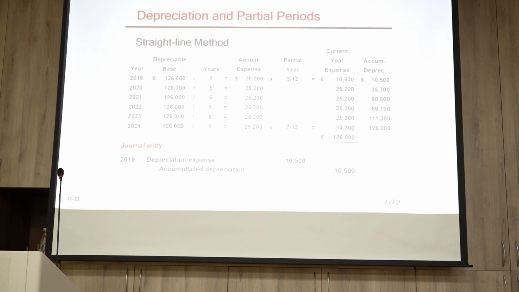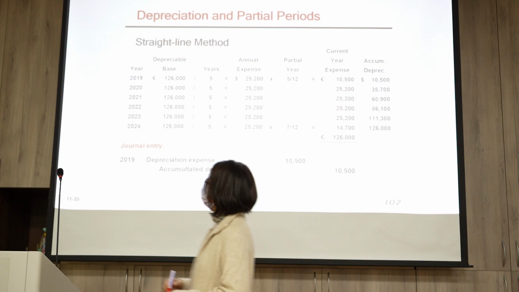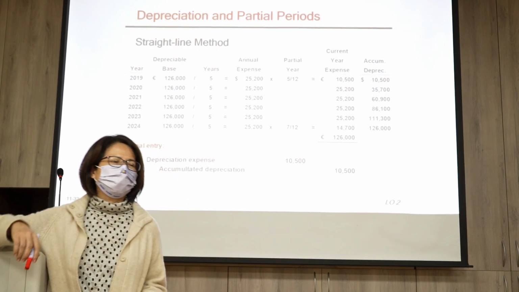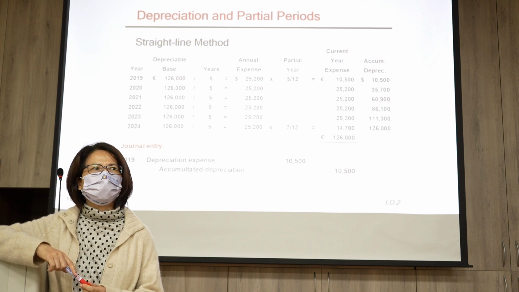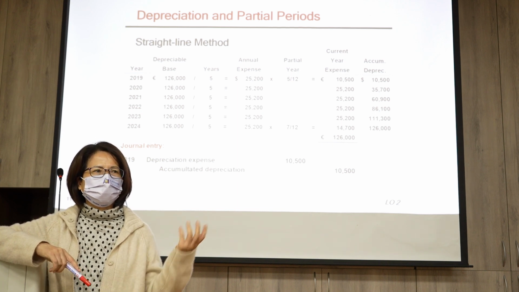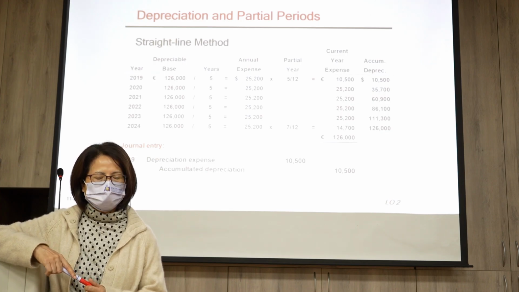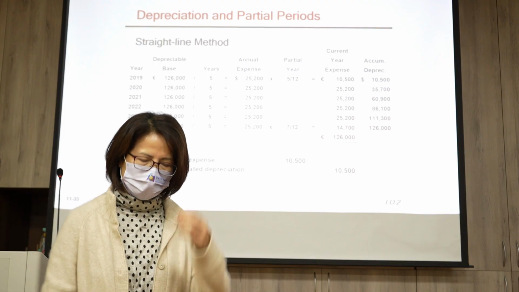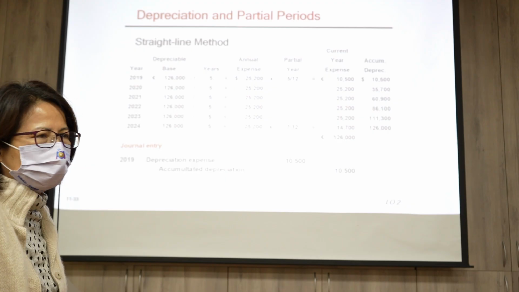Now, let me ask you a question. The useful life is an estimate, right? So what if after the useful life, the machine is still usable? You could probably extend. Yes, we keep using the machine.